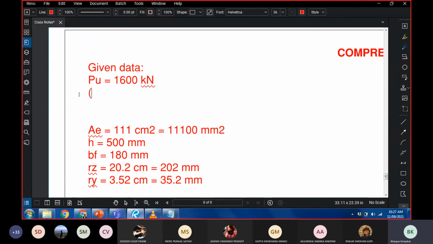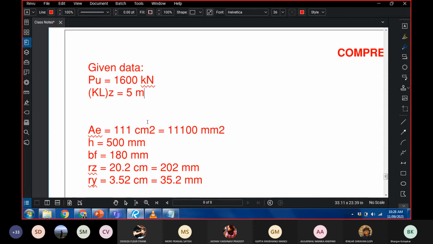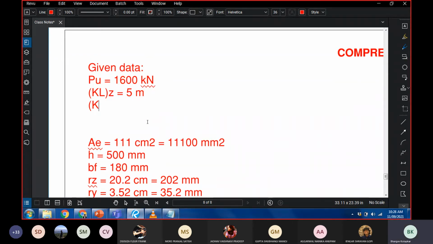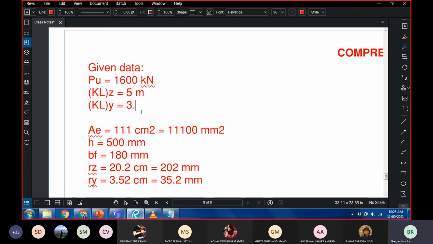So the effective length, which is denoted by KL, about the z-axis is 5 meters, and the effective length about the y-axis is 3.5 meters.